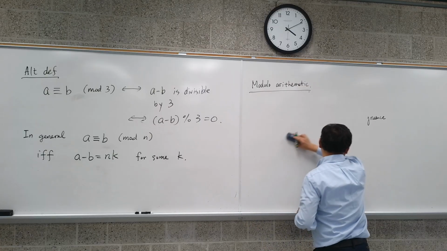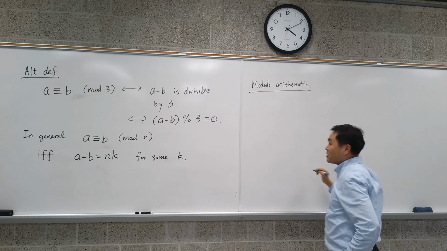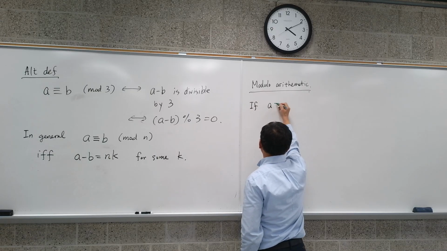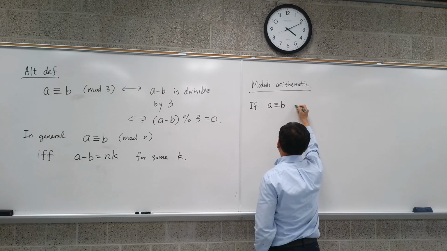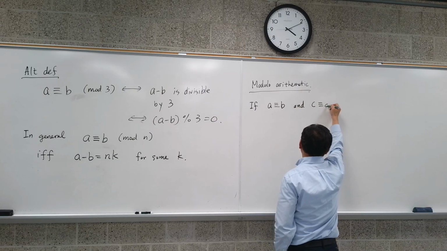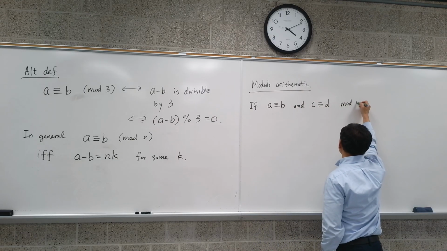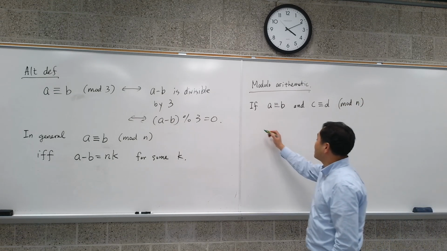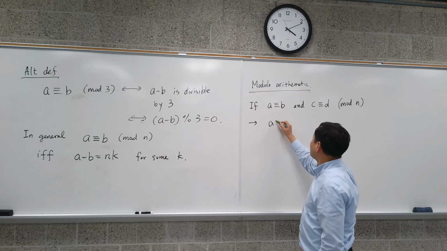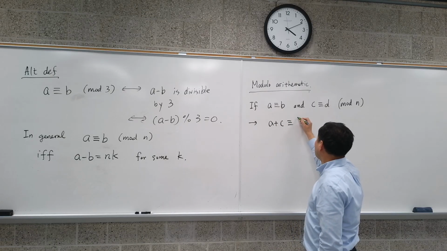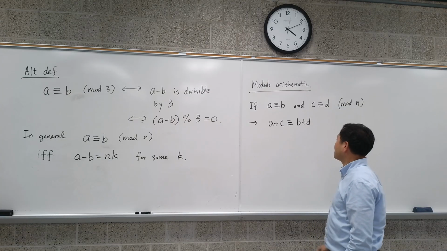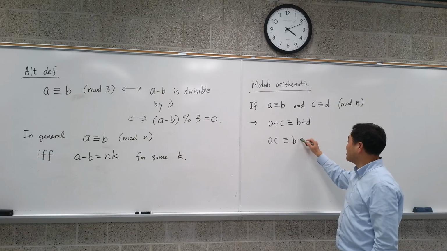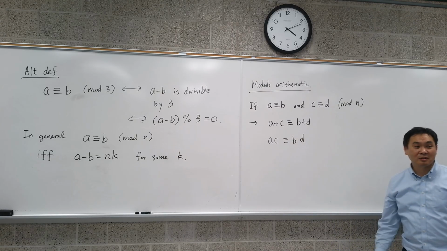Because of the observations that we've made before, the following is true. If A is congruent to B and C is congruent to D mod n, okay, if that happens, then the following are true. A plus C is congruent to B plus D. Okay. And then A times C is congruent to B times D, mod n.